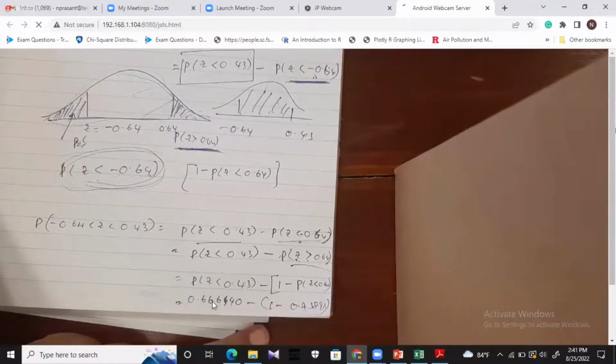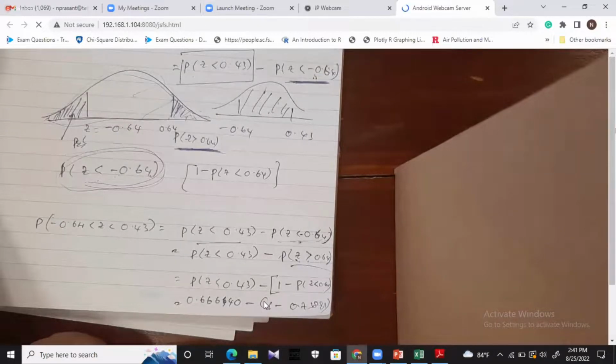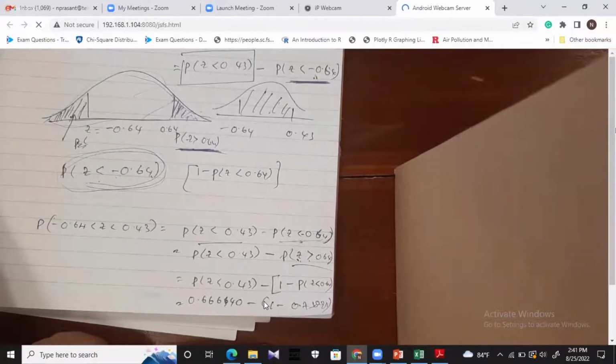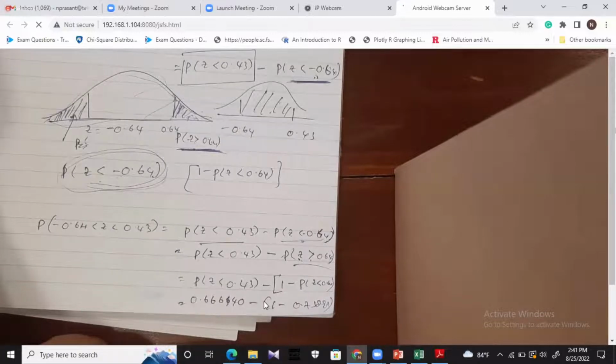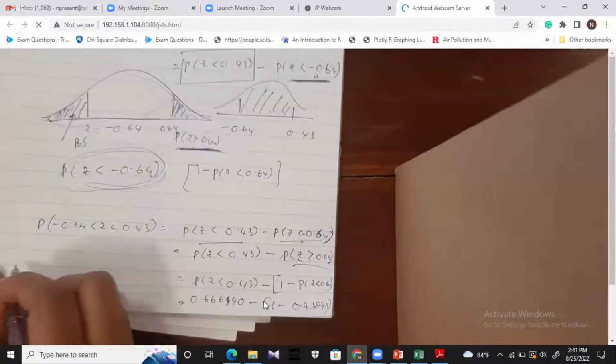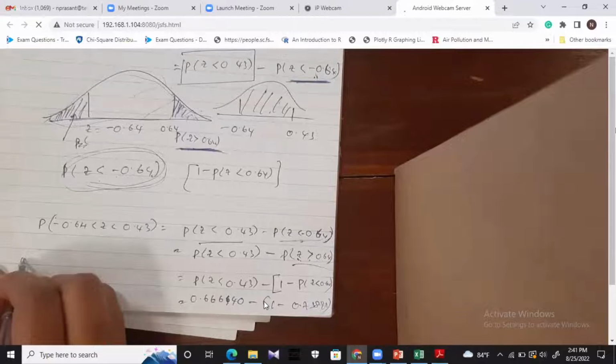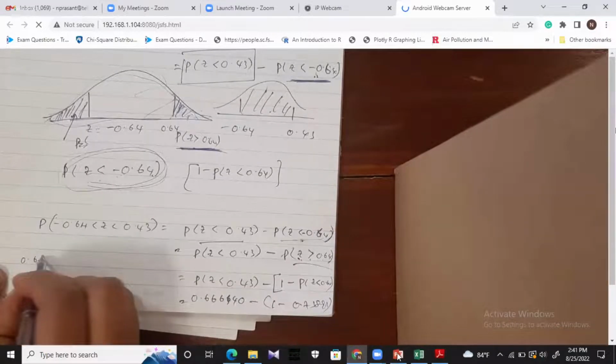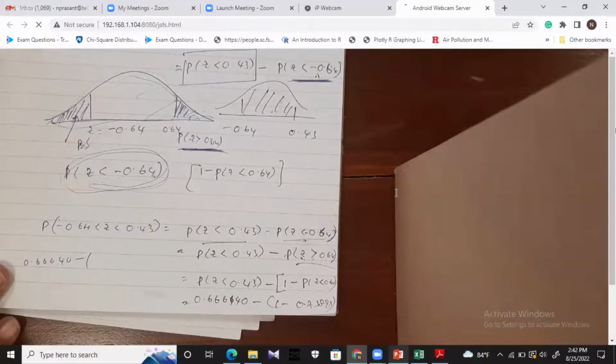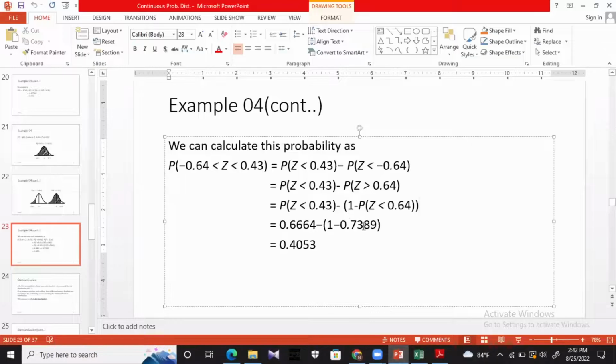Okay. Now you can simplify this using a calculator: 0.6664 minus (1 minus 0.7389).